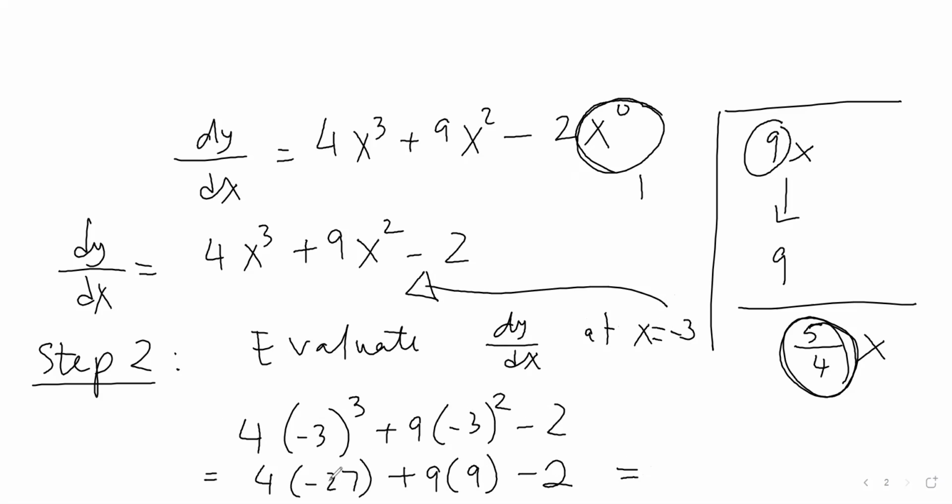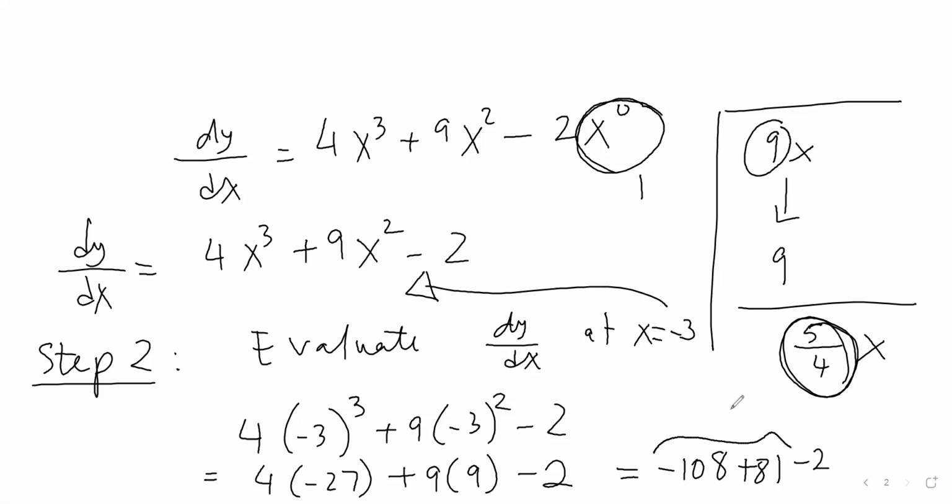4 times -27, that's -108. And 9 times 9, that's 81. Then minus 2. That's just a basic algebra problem, or you can use your calculator to simplify that if you want. -108 plus 81, that's -27.